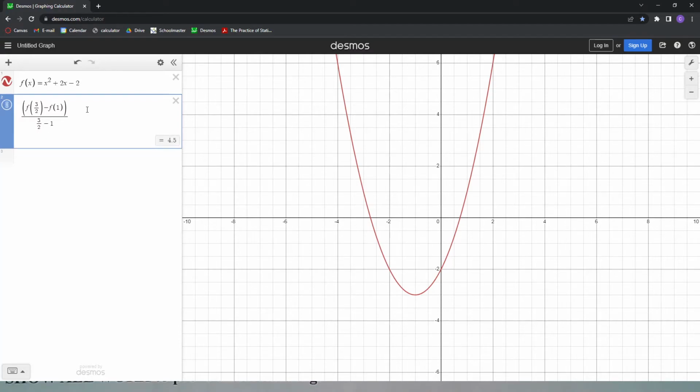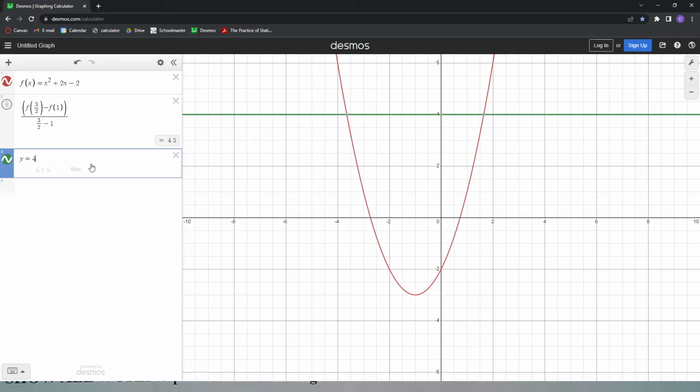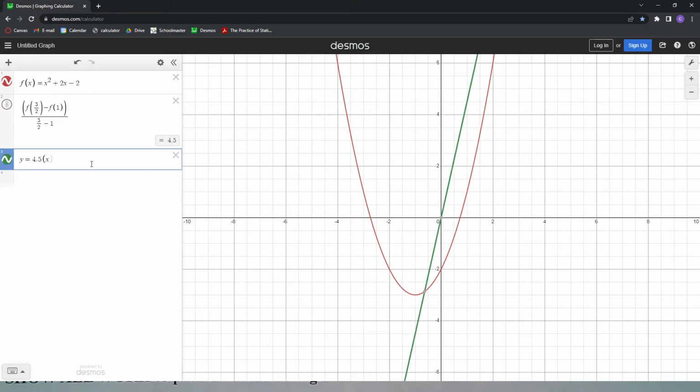There's our slope of 4.5. Please note, what this is doing is it is creating the slope of the line between these 2 points when you plug in 3 over 2 and you plug in 1. So that 4.5, if I created a function, y equals 4.5 parentheses x minus 1 plus f of 1, you can see that this is simply the slope of the function between where it crosses at 1 and where it crosses at 1.5.